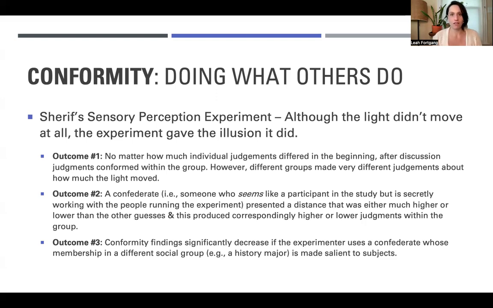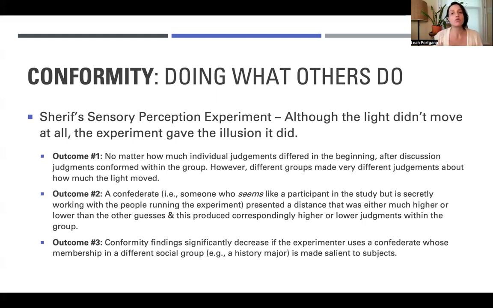And they weren't just saying, oh, our group decided that we think it moved 4 feet, and then walking off privately and thinking to themselves, oh, I think that it actually probably only moved 2 feet. After conversation, everybody in the group, no matter how different their initial judgments were, really felt, after talking to other people, that they genuinely changed their mind.